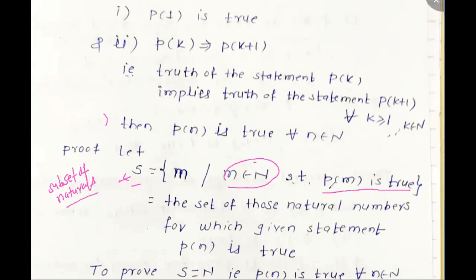Those for which the statement P(m) is true. So we collect all those natural numbers for which the given statement is true in the set S.